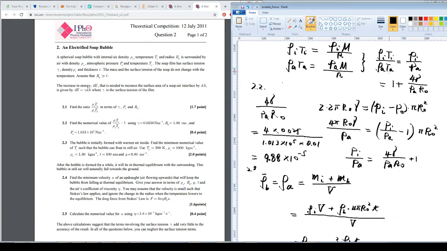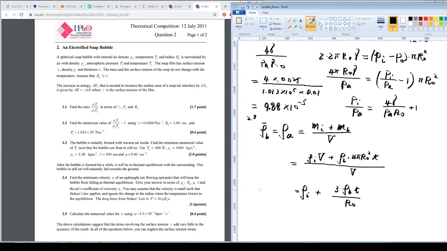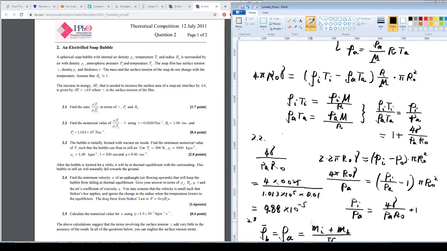So we have that first solution where rho I Ti over rho A Ta equals 1 plus 4 gamma over PA r naught.